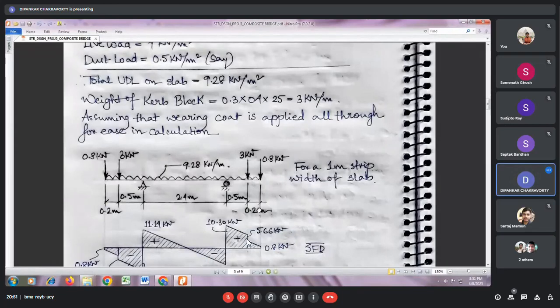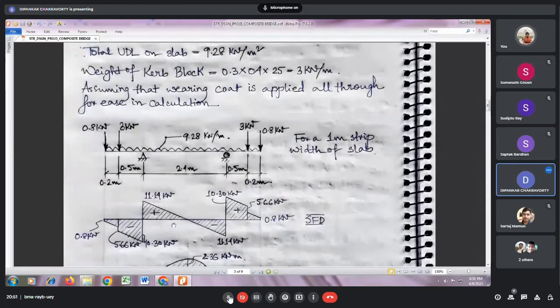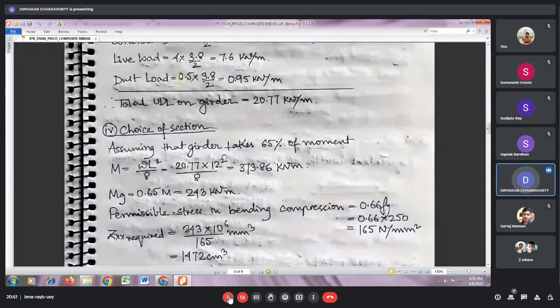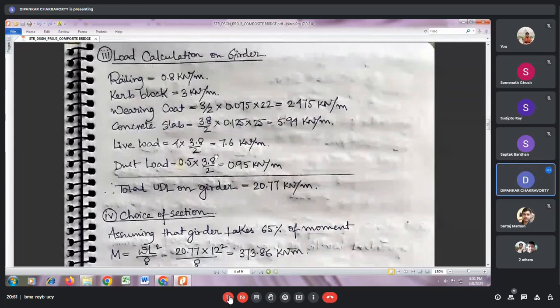Can you hear me? Okay, the reactions which you will be getting here will be basically the UDL on the girder. You need not calculate it once more. It is not required.